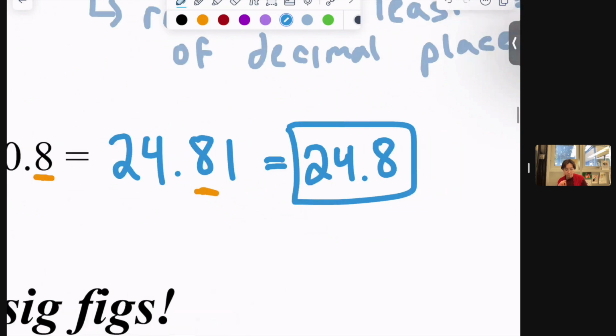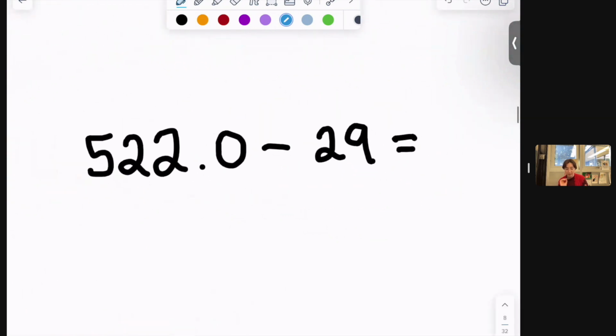So let me show you one where it would matter. Like this. 522 minus 29. This number goes to the 10th place. This number goes to the 1's place. If you were using the multiplying rules, we would round to 2 sig figs.